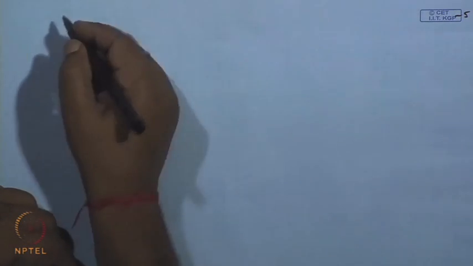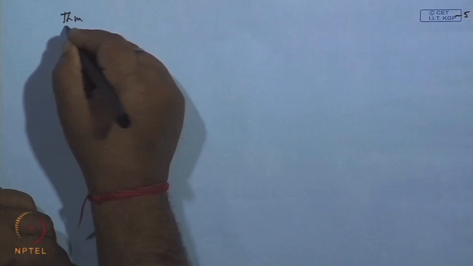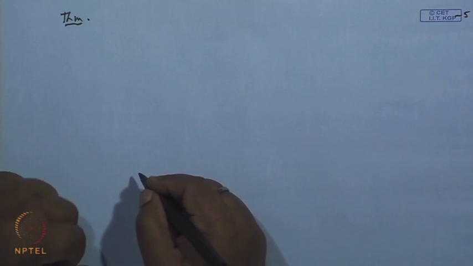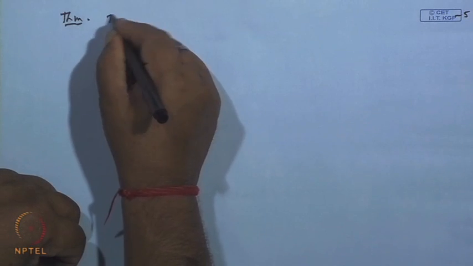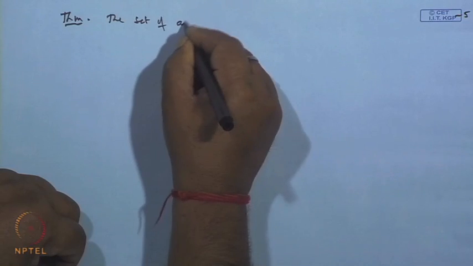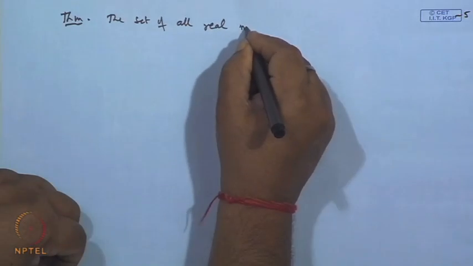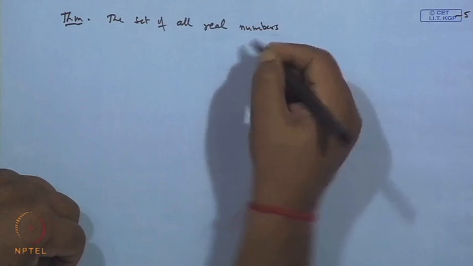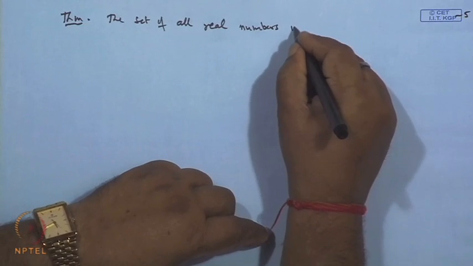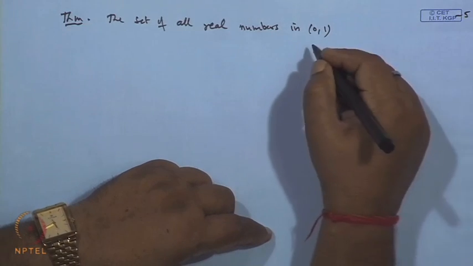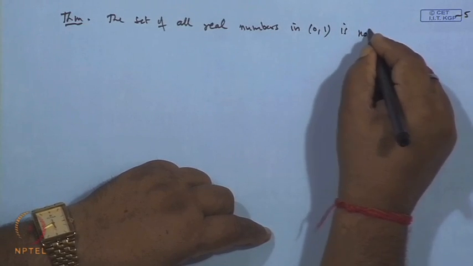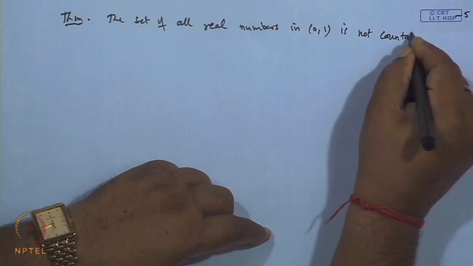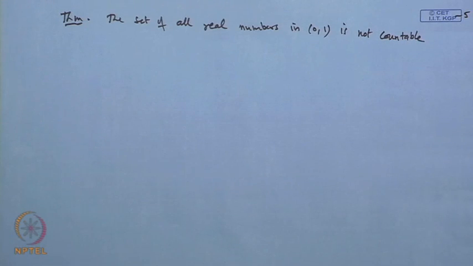The first example, which is very important, is the set of all real numbers in the open interval 0 1, which is not countable.